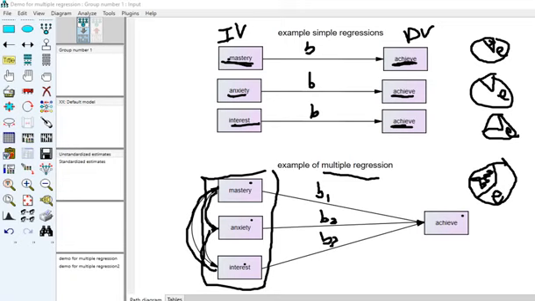Typically we set our type 1 error rate for a given test at 0.05. That's the conventional alpha level for a given test. When we carry out multiple tests, the error rate across the set of those tests increases, so that the likelihood of committing a type 1 error across a set of tests is greater than the likelihood associated with a given test.